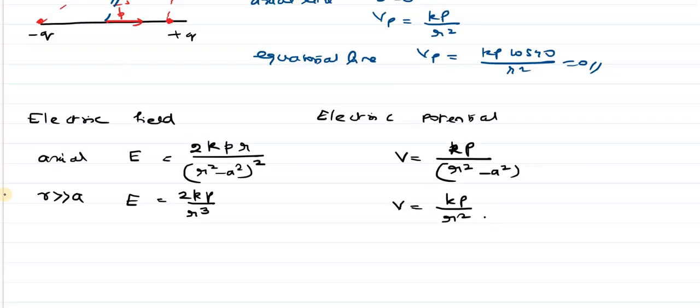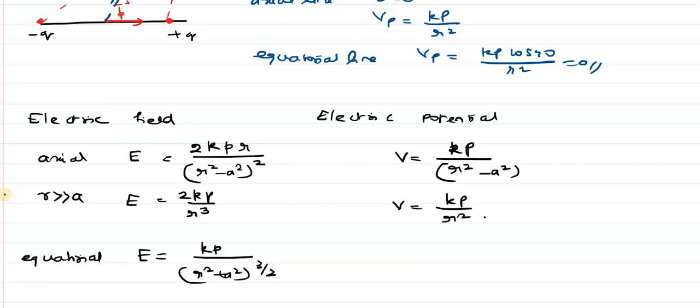Next is electric field along the equatorial line. Along the equatorial line, it will be equal to kp by (r square plus a square) to the power 3 by 2. Correct? Here, the potential is 0. You can write it. For the shorter dipole, when r is very much greater than a, it is kp by r cube. This is just a comparison so that you can recollect what we have learned.